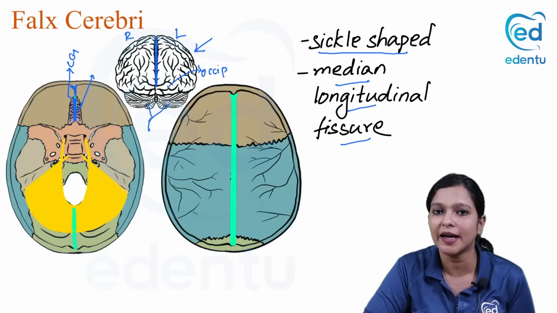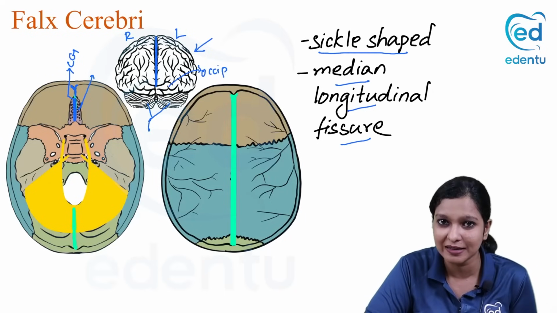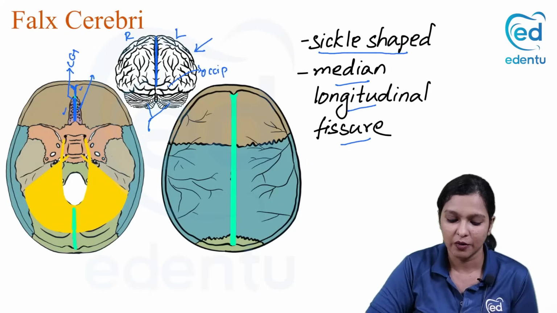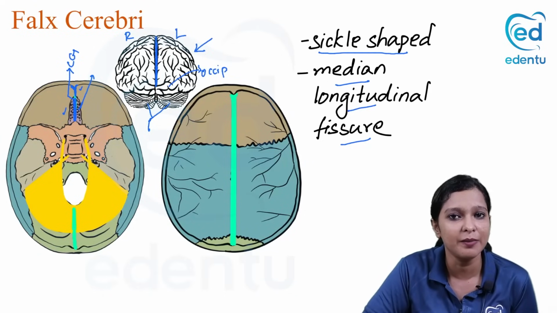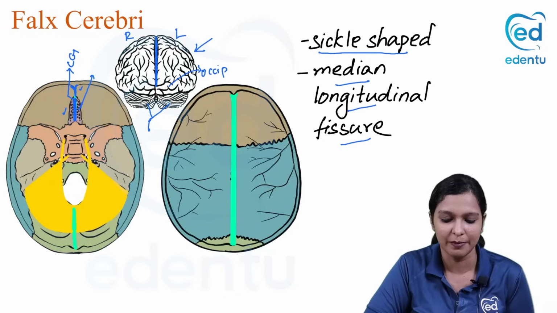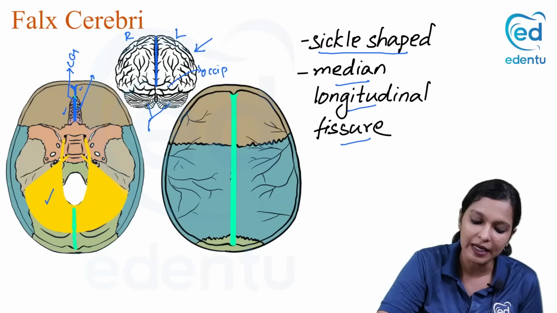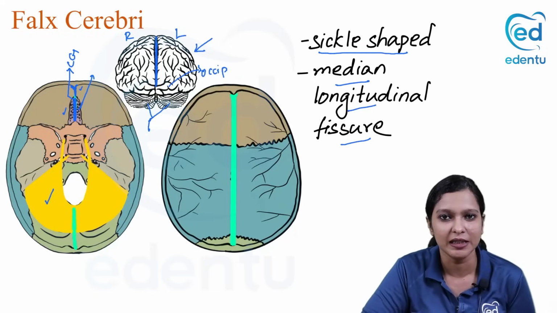Remember, the apex of falx cerebri is attached to the crista galli and frontal crest, these two parts. And it has a base. The base does not have any bony attachment. It is attached to the superior surface of the tentorium cerebelli. Now you can see this yellow colored structure, no? That is the tentorium cerebelli. We'll see about its attachment in parts later.